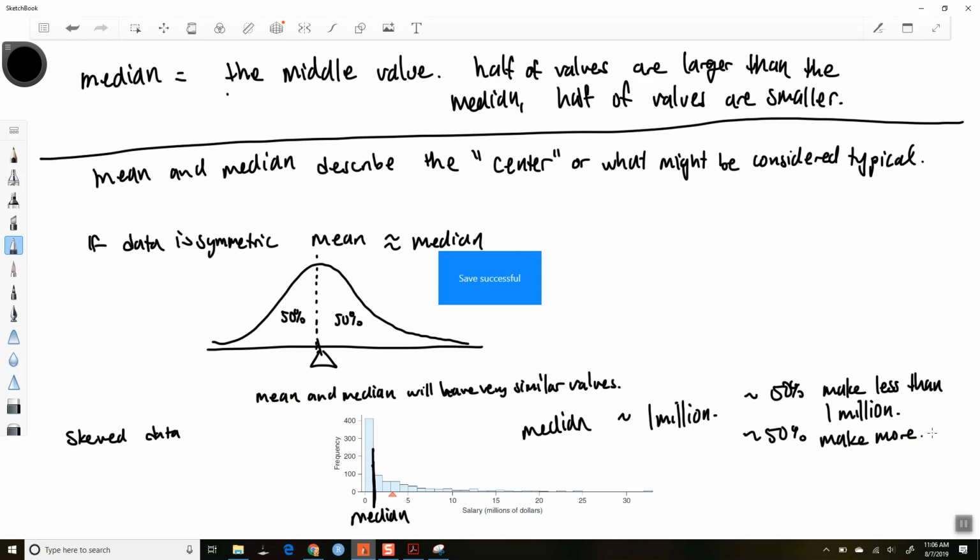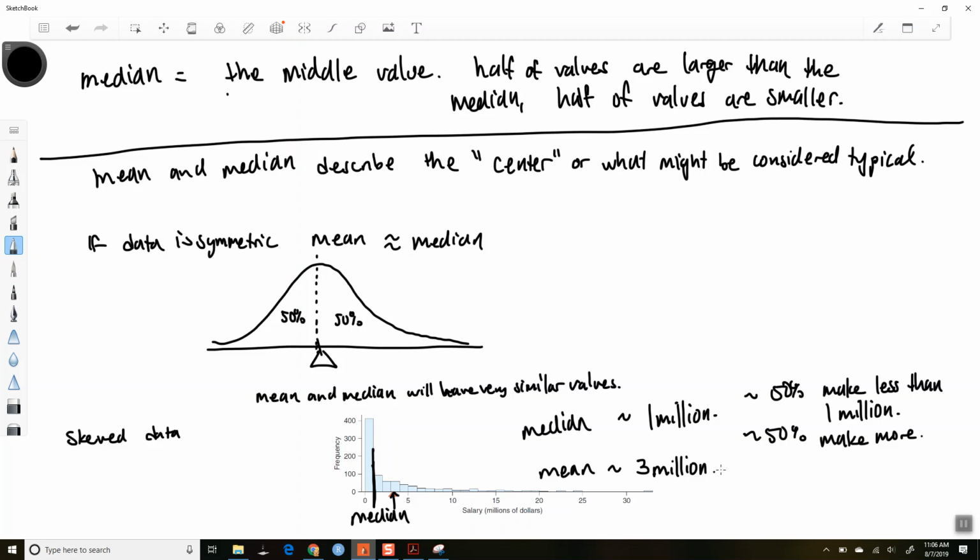Okay. Where is the mean? In order for this to be balanced in terms of skew, the mean ends up being higher. The mean is around 3 million. And so for skewed data, what we find is that the mean is often pulled in the direction of the skew.